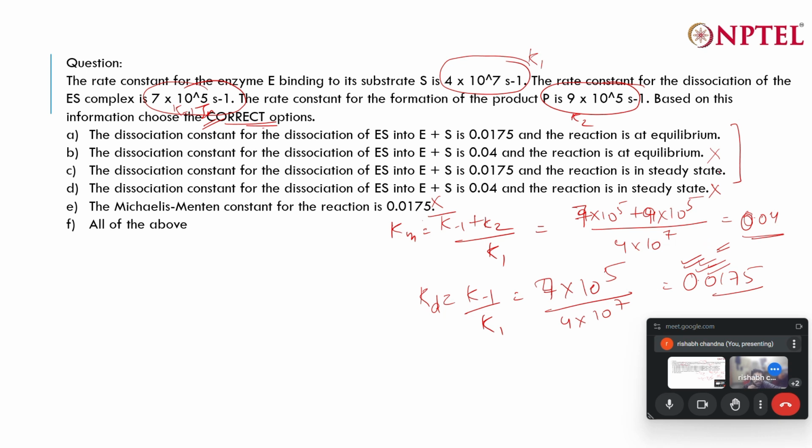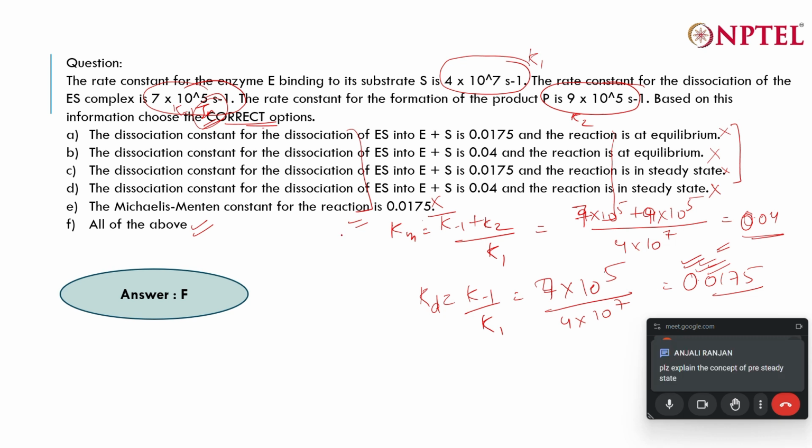So in that case, options A and C will also be incorrect. So none of the options in the available list are correct. So the correct answer would be all of the above, because we have to find the incorrect option. Hence the answer is all of the options are incorrect.